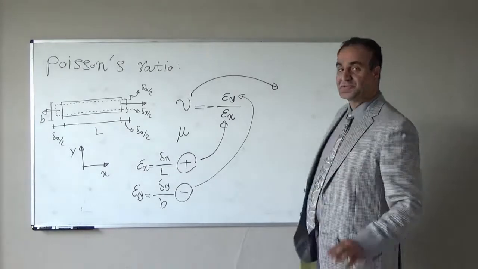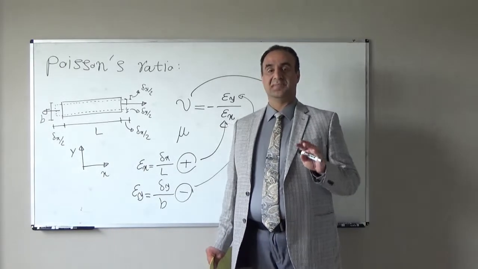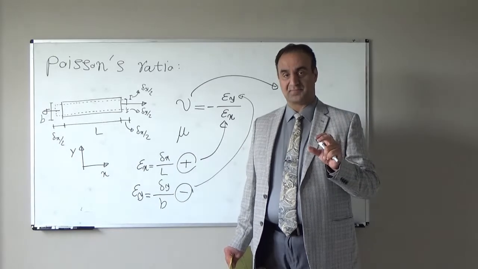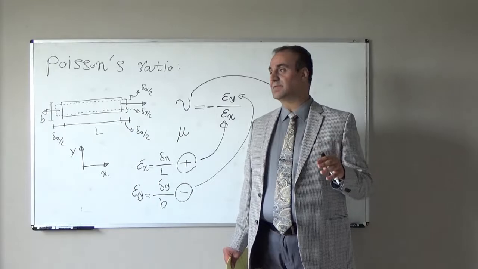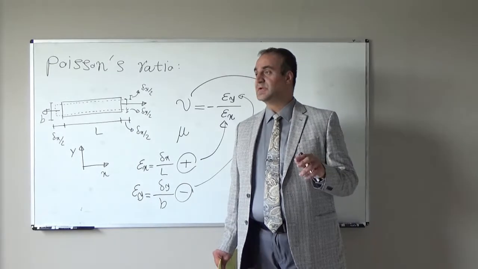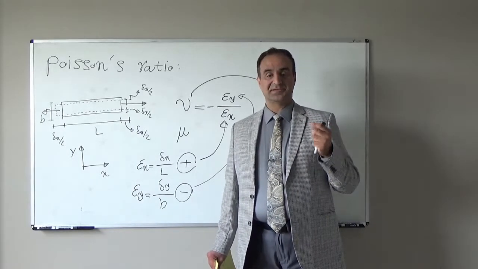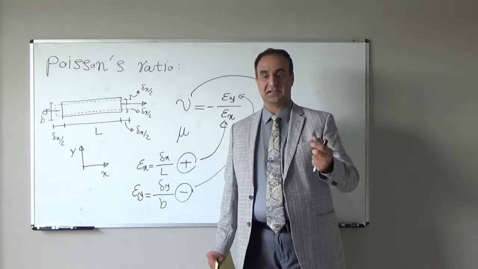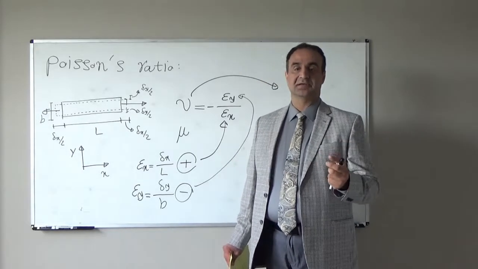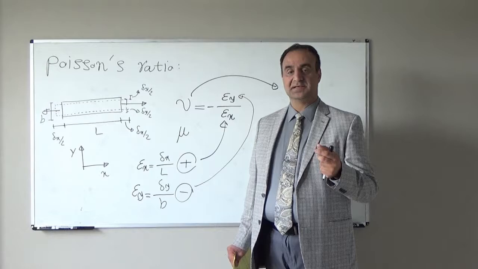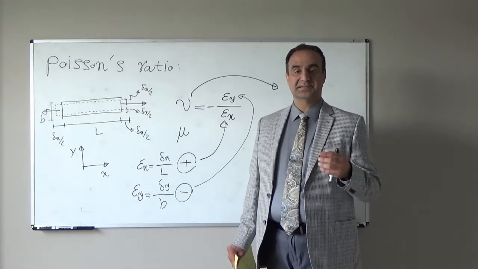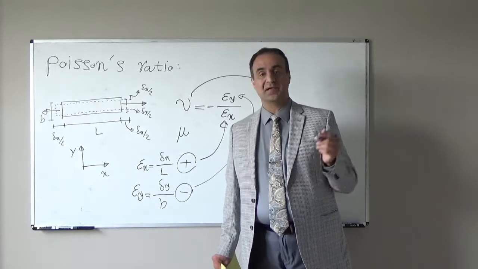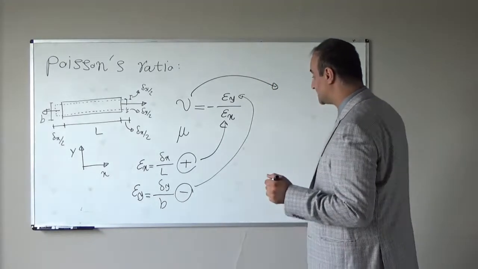For real engineering material it will be a positive number always. Of course for some material it is negative, I will explain those later too, but most real engineering material like steel, like concrete, like plastic, the kind we are using in civil and mechanical engineering, most of the time it is a positive number.